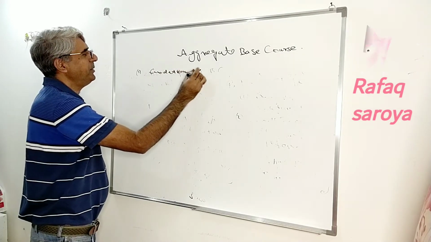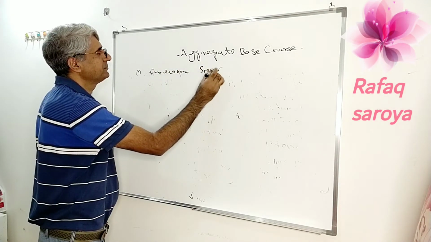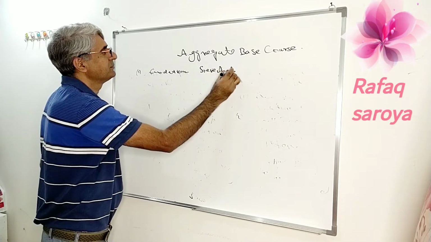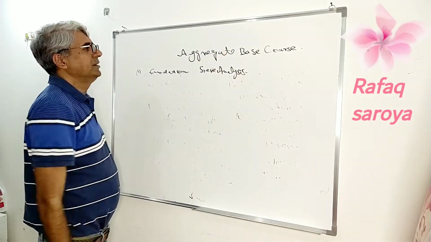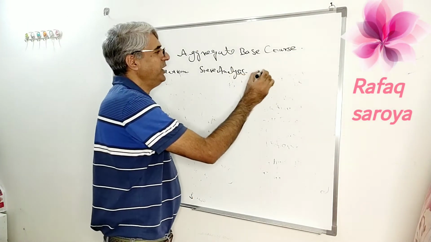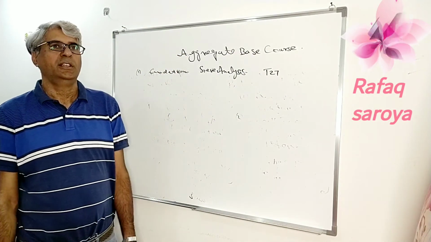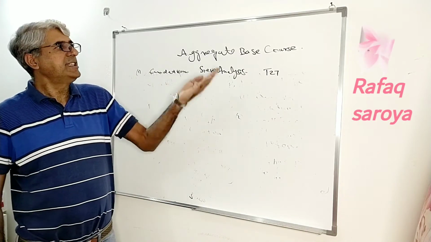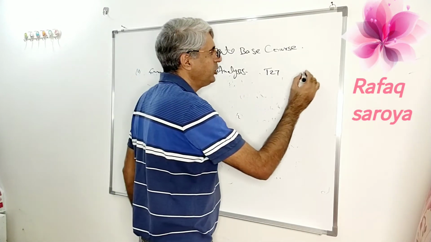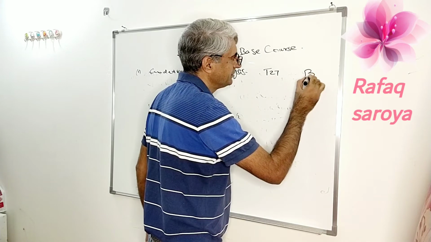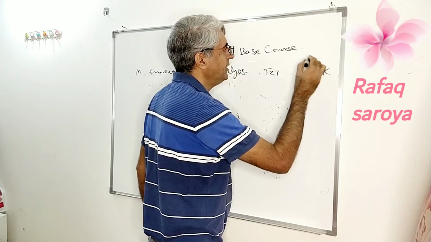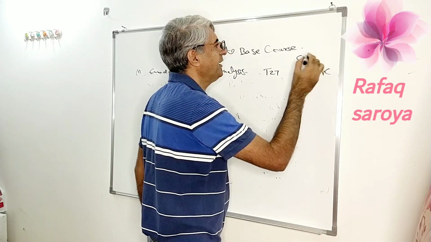Gradation is determined by sieve analysis. By sieve analysis, which method are we using? AASHTO T27. And what will be our acceptance criteria? It should be type B or C. This is my criteria column.